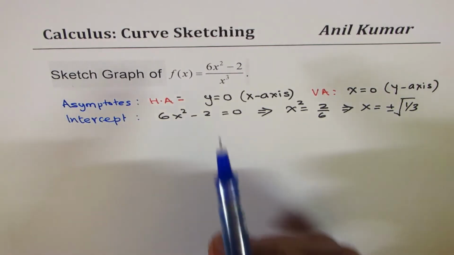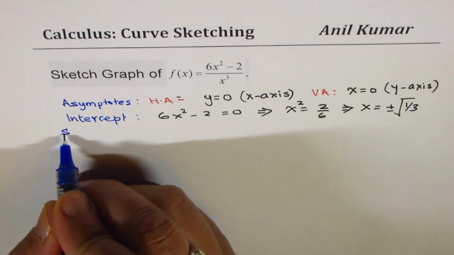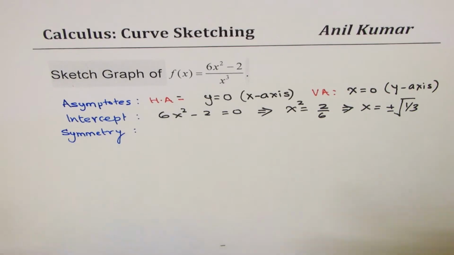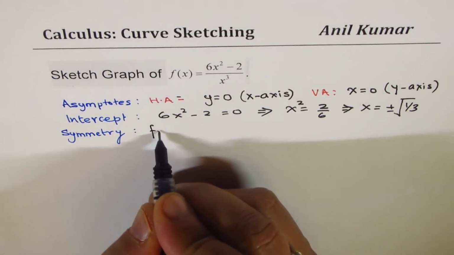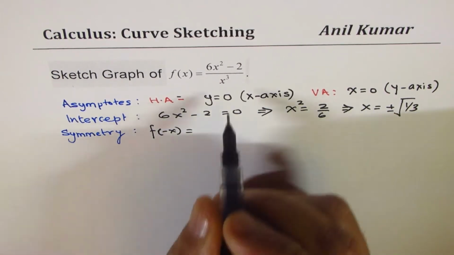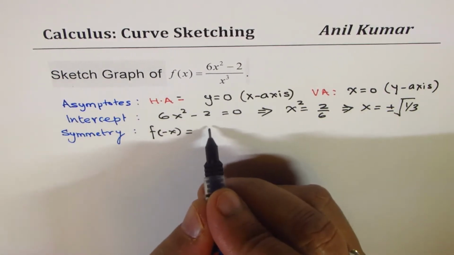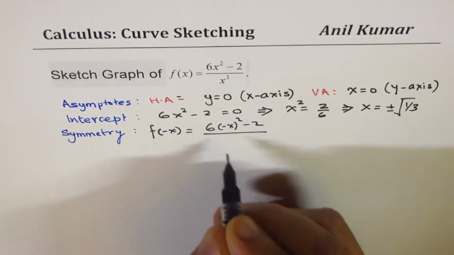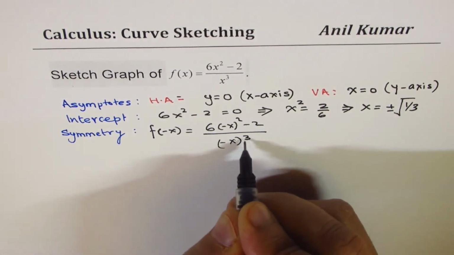And now we'll check the symmetry. To find the symmetry of the graph, let's figure out what f(−x) is equal to. If I substitute −x, I get (6(−x)² − 2)/(−x)³.